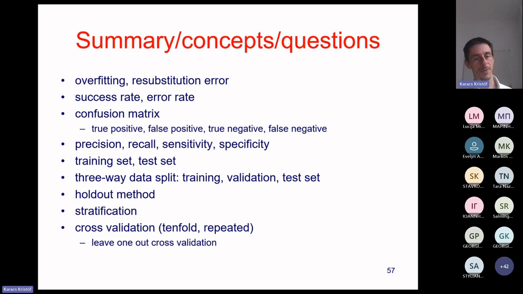We talked about using a test set in a classical fashion for holdout, and mentioned the possibility of stratification there. And the more advanced variant of cross-validation requires more computational resources, but can give you better performance estimations as well as better final models.